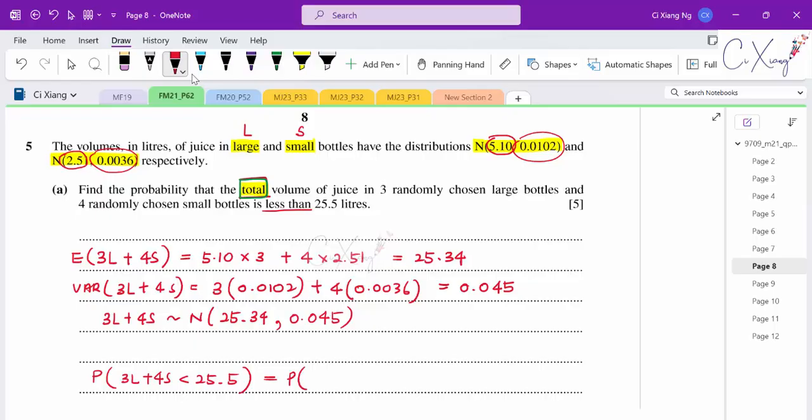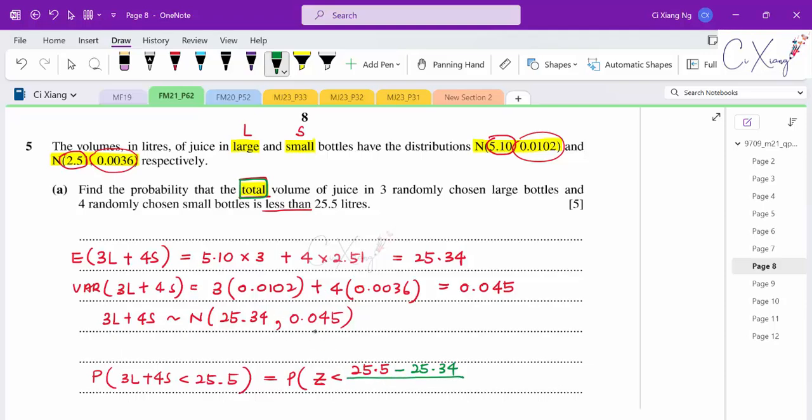Since we know that this is normally distributed, to calculate the probability, you need to standardize it to become Z. How do you standardize it? You minus the mean that you calculated just now, then divide by the standard deviation.